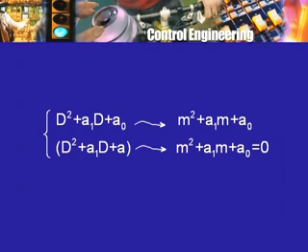Corresponding to that, I have the indicial expression m squared plus a1 m plus a0, and I have to solve the problem of finding a number m such that m squared plus a1 m plus a0 equals the number 0. On the left hand side here, I have operators only, or I may have an operator acting on a function such as x.